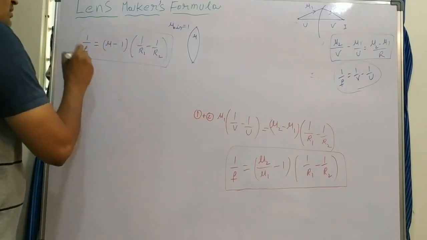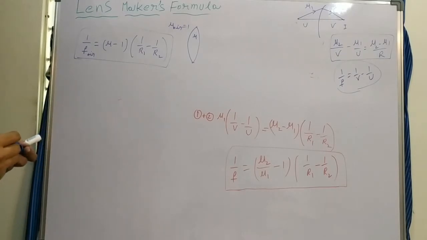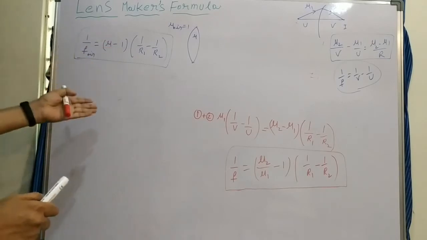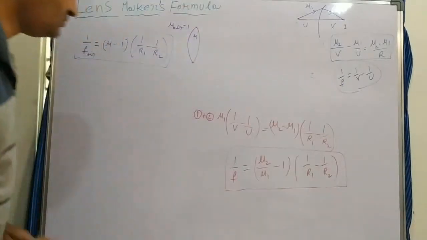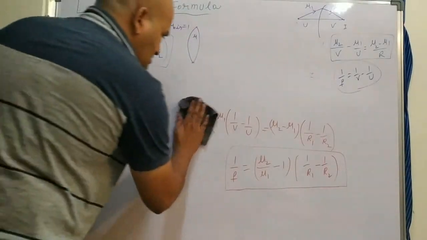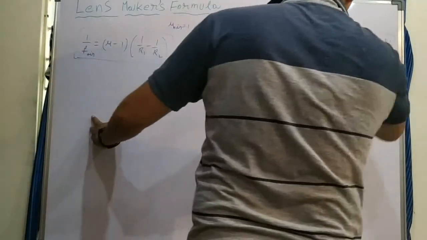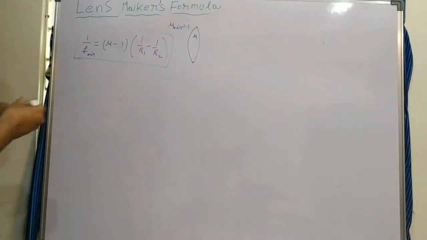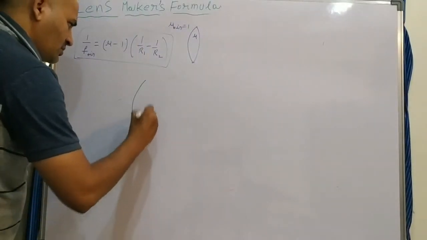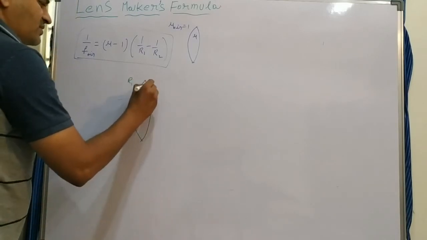This is the lens maker's formula when the lens is placed in air, which you can take as f air. Now we'll see how this formula is modified for different types of lenses. Suppose you take a double convex lens with radii r1 and r2.